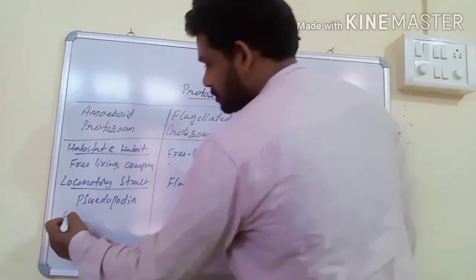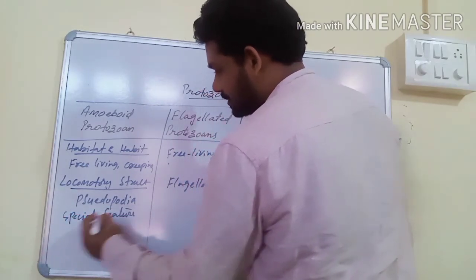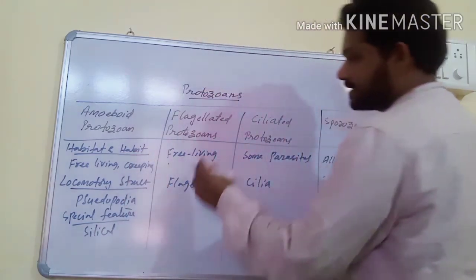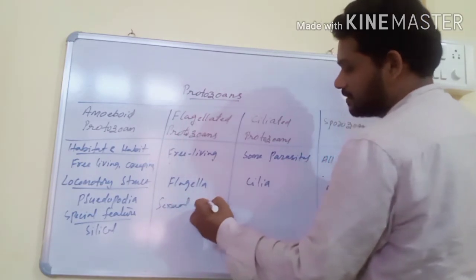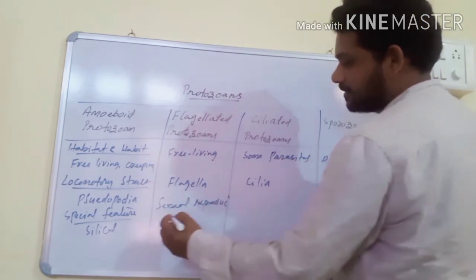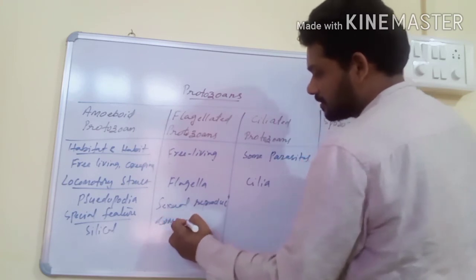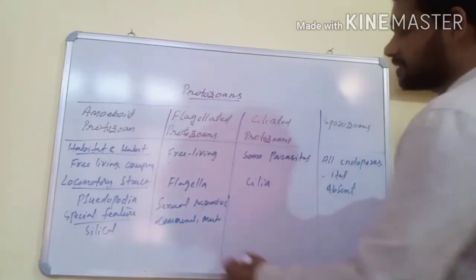Next, some special features. Silica is present in some cases. Rare sexual reproduction is present. In some cases commensal types are present, in some cases mutualists, and some of them are parasites.